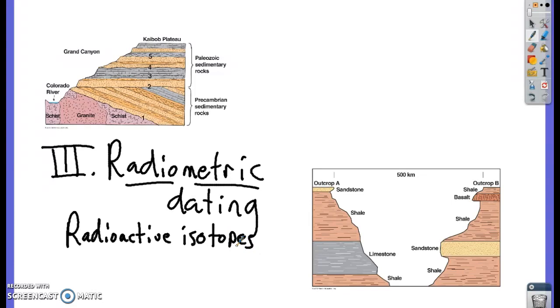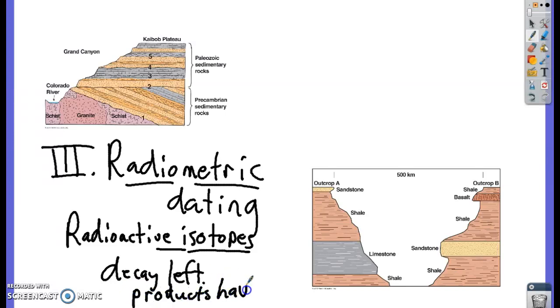How much radioactive isotope is left, how much decay product has been formed, and then by using that information we try to predict how old this rock layer is. Now, we're assuming that the radioisotope started breaking down when it was formed.